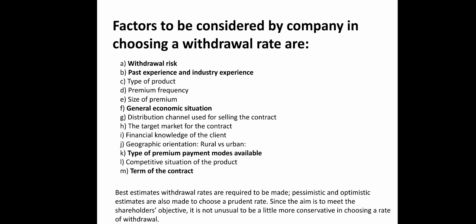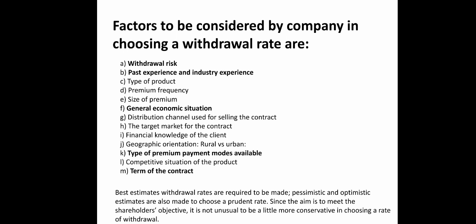The one basic thing which you should keep in mind while listening to this lecture is that withdrawal rate estimation is very important for an insurance company. If these are determined accurately, the insurance company will not go into any losses. But if there are any flaws or errors in the computation of withdrawal rate, insurance companies will have a drastic effect on their profitability.